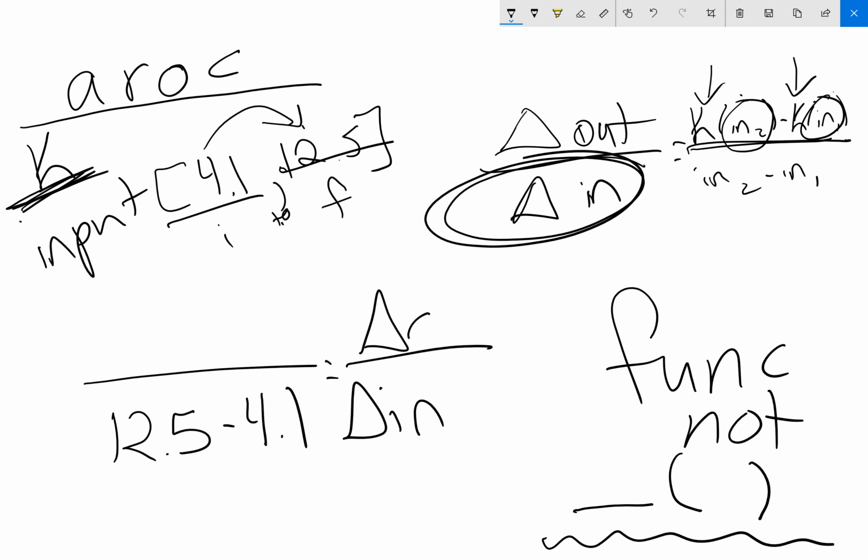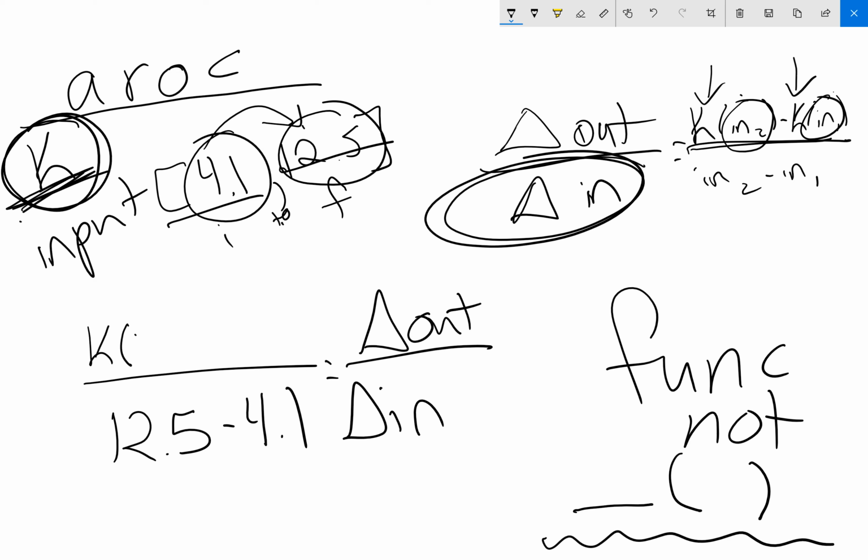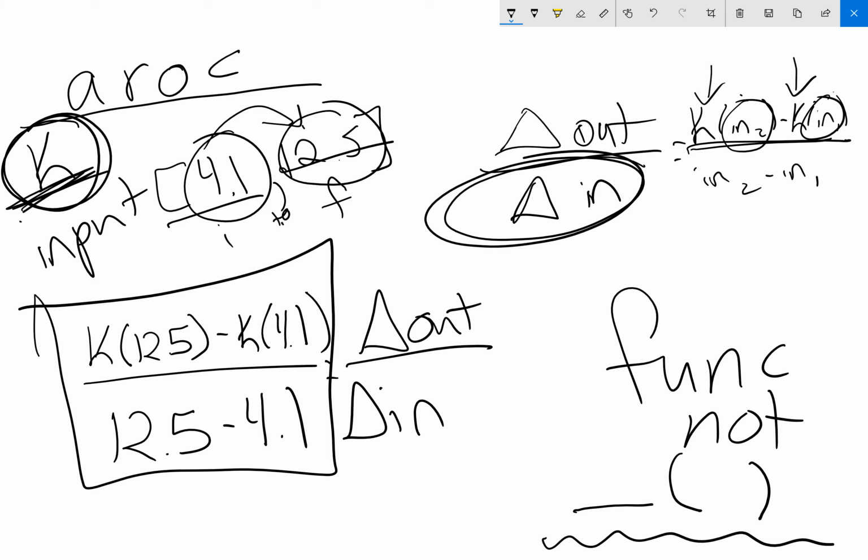Now we need to put the change in our output. This is easy enough, right? We know our function. We just got to plug in our input values. So output of the final input value minus output of the initial input value. And that's it. Cool? Sound good? All right, awesome.